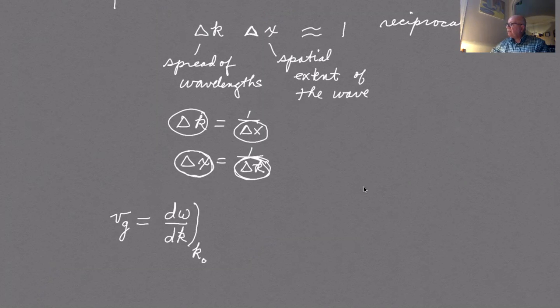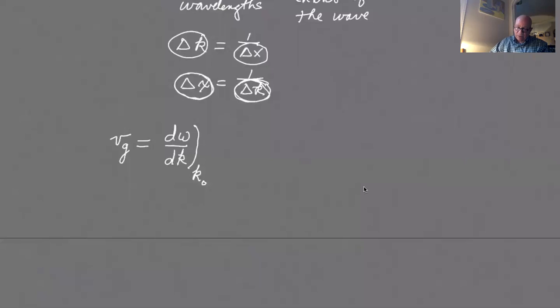But there's a very nice relationship that relates the wave and group velocities, right? So the group velocity, which can be obtained in the following way, right?